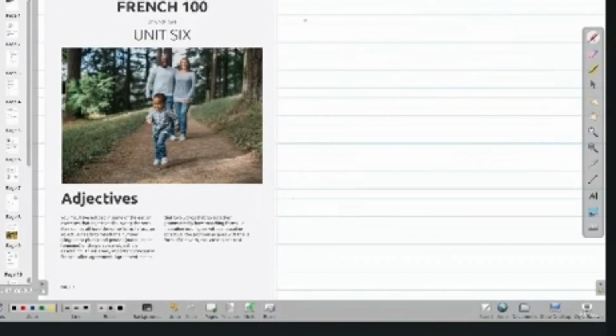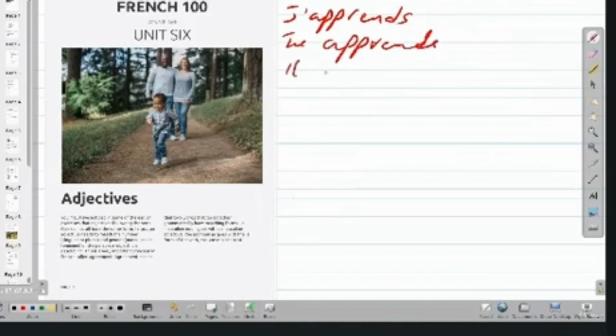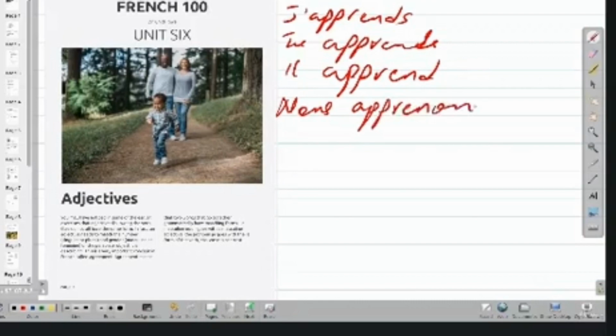And by the way, to conjugate the verb apprendre in the present tense, if you wanted to use the verb directly: j'apprends, tu apprends, il, elle, on apprend, nous apprenons, vous apprenez, ils apprennent.